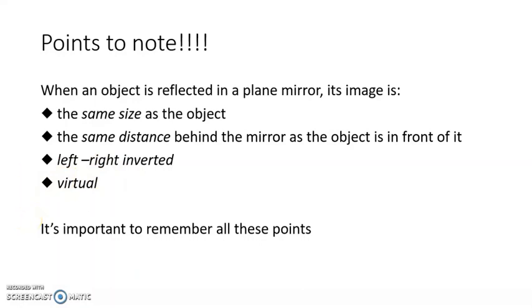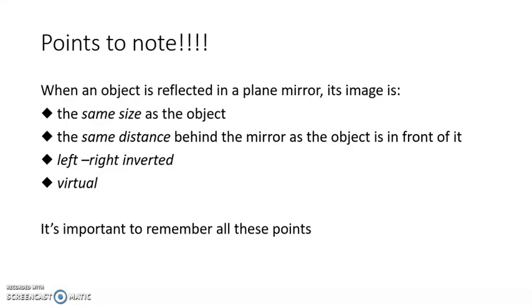And then lastly, the image is virtual. We say it's virtual in contrast to being real. We say it's virtual because light rays do not actually come from or go to the image, okay?